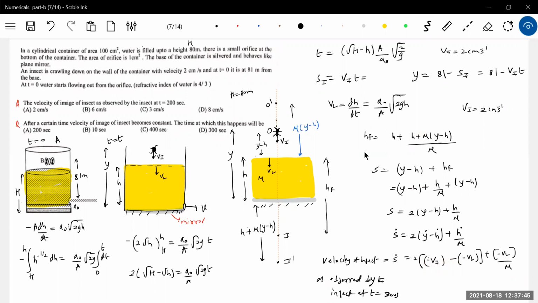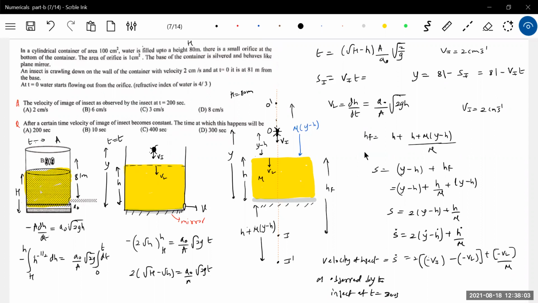I think you have to work out the calculations. I'm just sharing only the ideas. After that there's the next part. After a certain time, velocity of image. Look at the second question. I want students to really answer this.